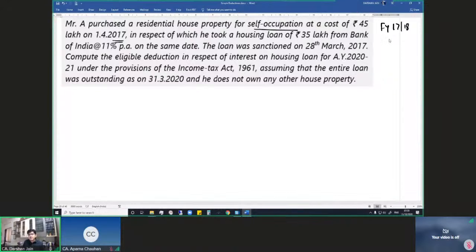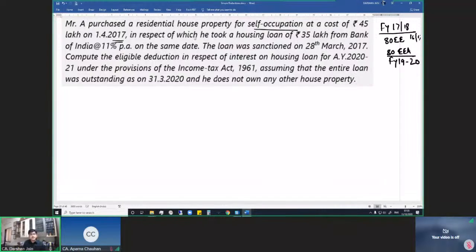We have dealt with two sections, 80EE and 80EEA. 80EE deals with the purchase of a residential house and borrowing done in financial year 16-17. We have got information of 17-18. Let's check it out further.